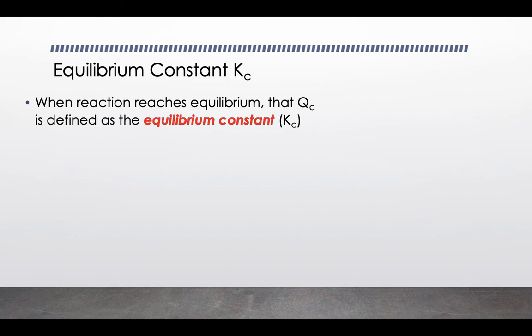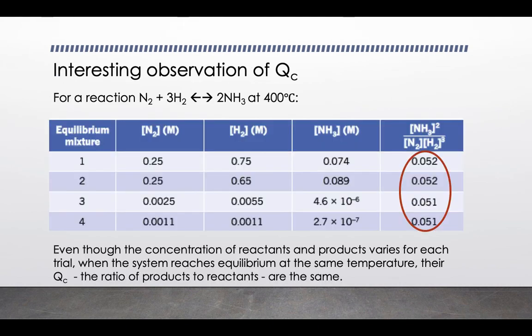So what is the equilibrium constant? When a reaction mixture reaches equilibrium, that value of Qc is defined as the equilibrium constant. Why is it a constant? Because whatever the components are, as long as this mixture is at equilibrium at that particular temperature, the concentration fraction is always the same.